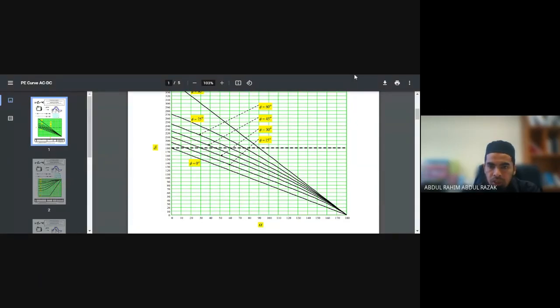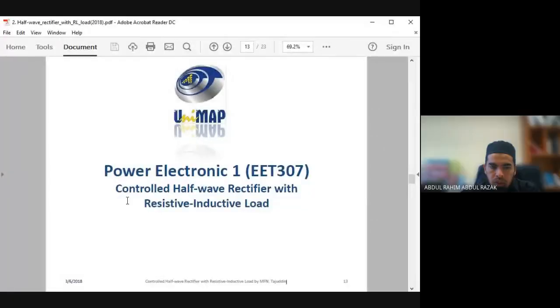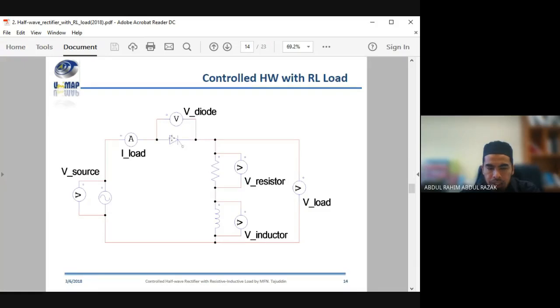Okay, we go back to the notes. Just now it was uncontrolled, now it's a controlled half wave. Just now we used a diode, now we are going to use an SCR, silicon controlled rectifier.